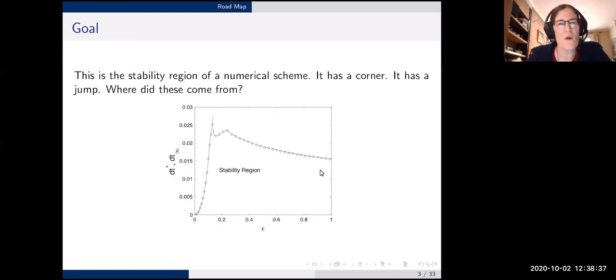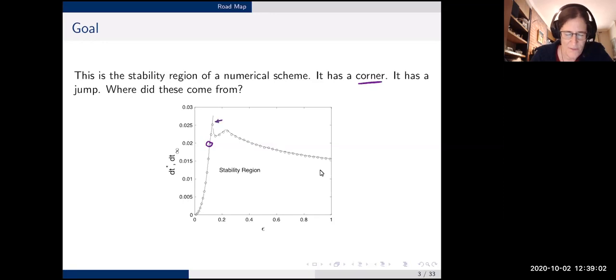The goal of this talk is, this is the stability region for a numerical scheme. When you open numerical analysis books and you look at stability domains, you don't usually see, right here, there's actually a corner, and there's a corner, and there's a jump.